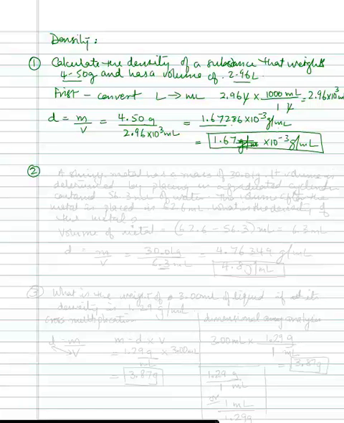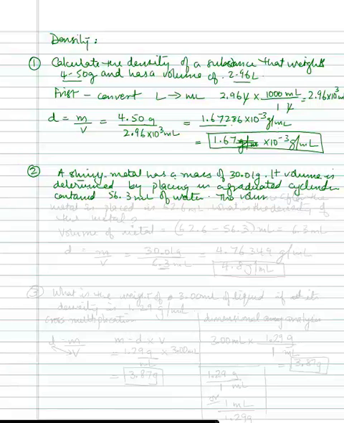This is a little bit of a lengthy problem to write out, so you can forward it if you want to, but I'm going to say it out. So a shiny metal has a mass of 30.01 grams. Its volume is determined by placing it in a graduated cylinder containing 56.3 milliliters of water.